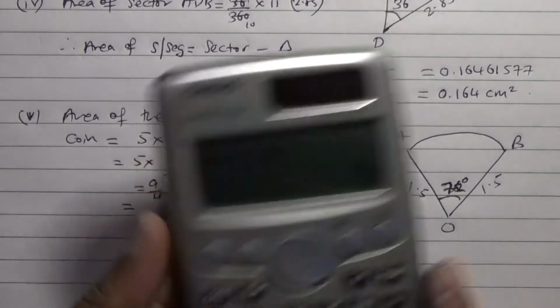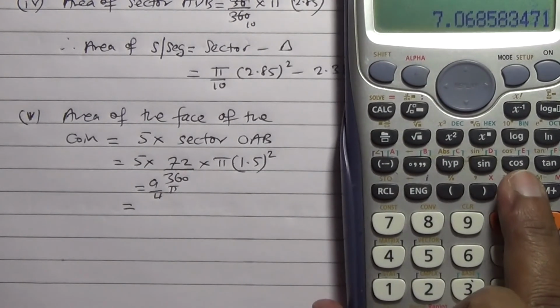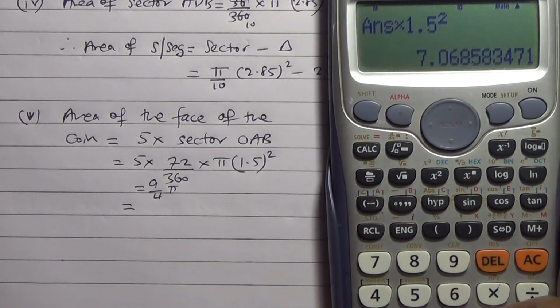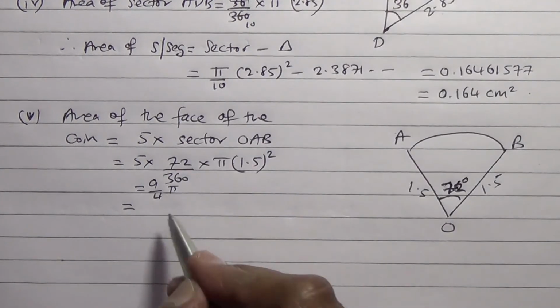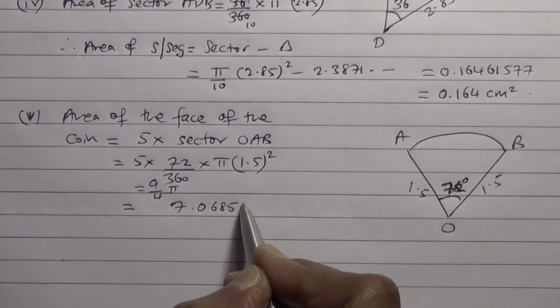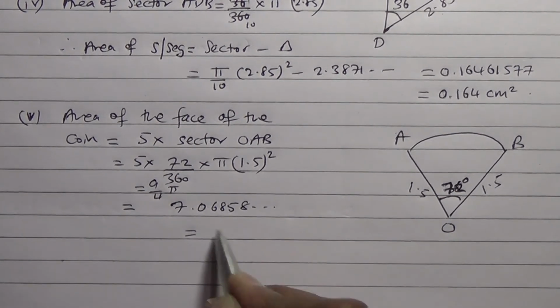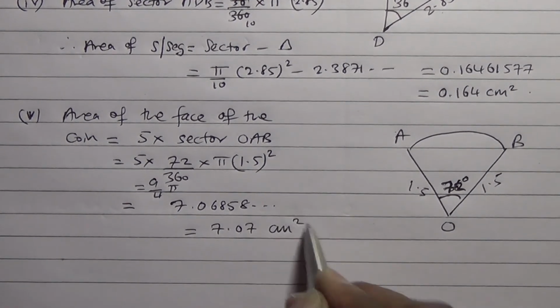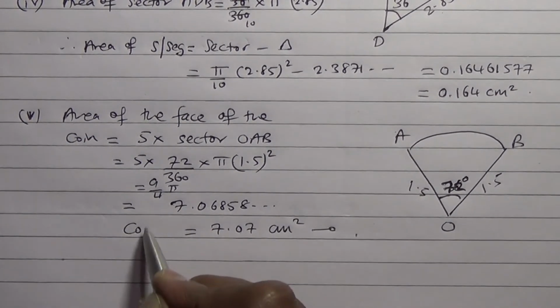And that gives us something like 7.0685 and so on. So we can say 7.07 centimeters squared. That's the coin.